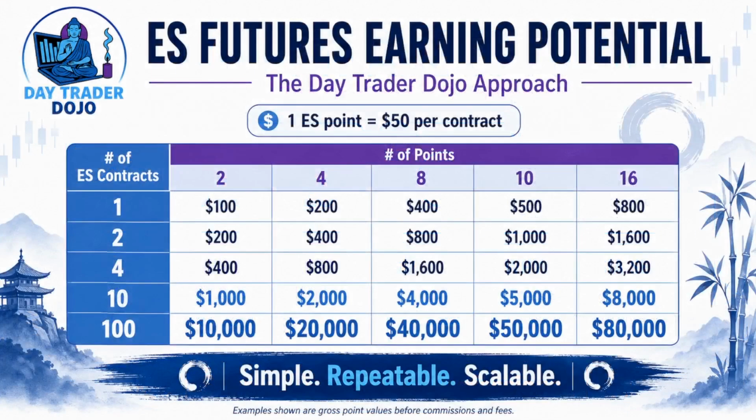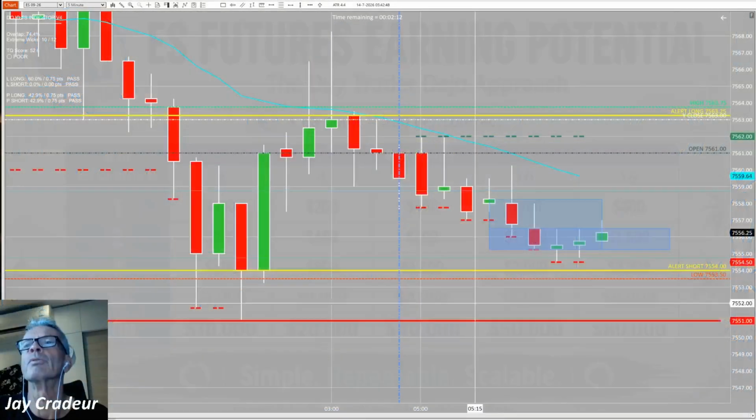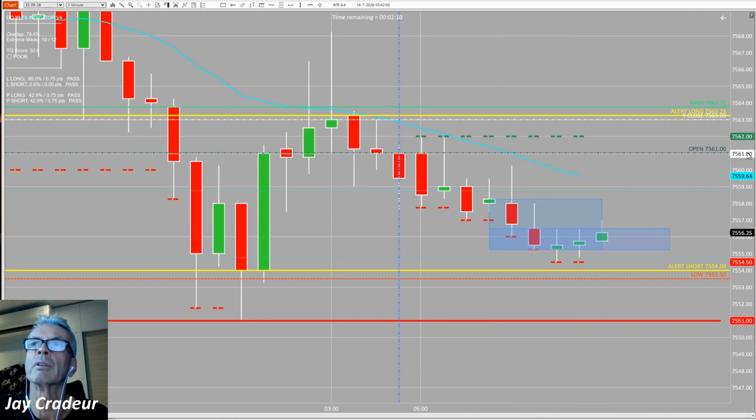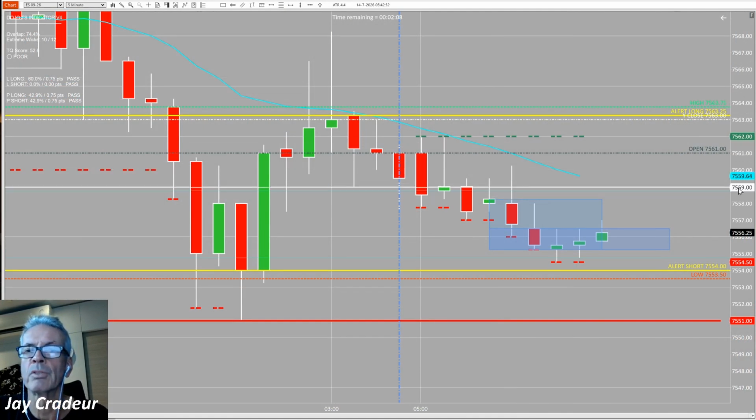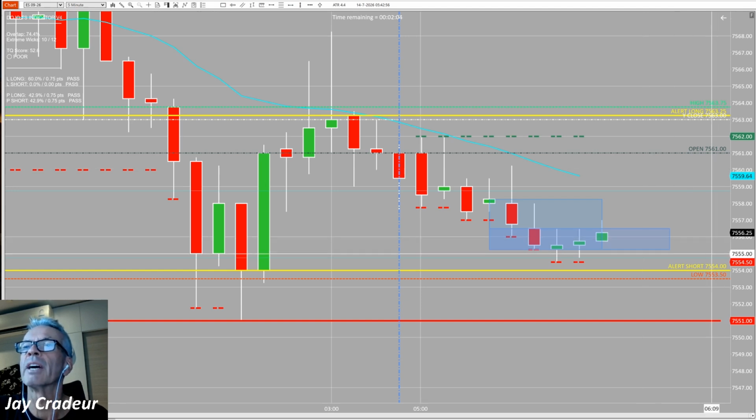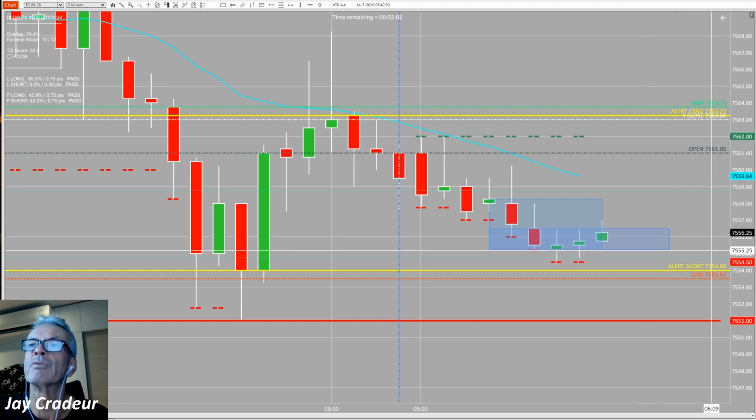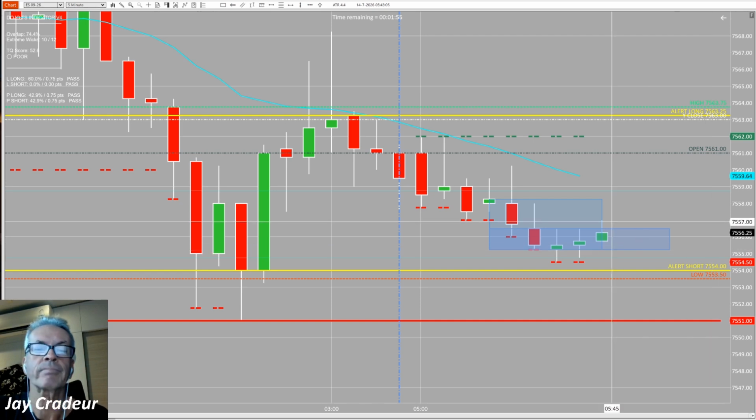Now, if you don't understand how the contracts work, it's all based on points. So let's go back to here, and you can see over here, these are what are called points. And right now we're trading at 7,556.25. The points are broken into quarters, and those quarters are called ticks.